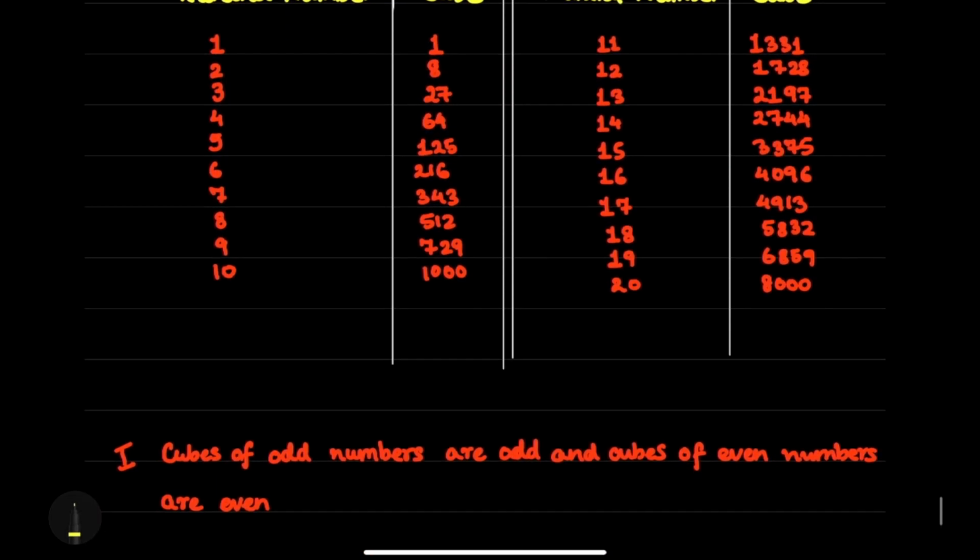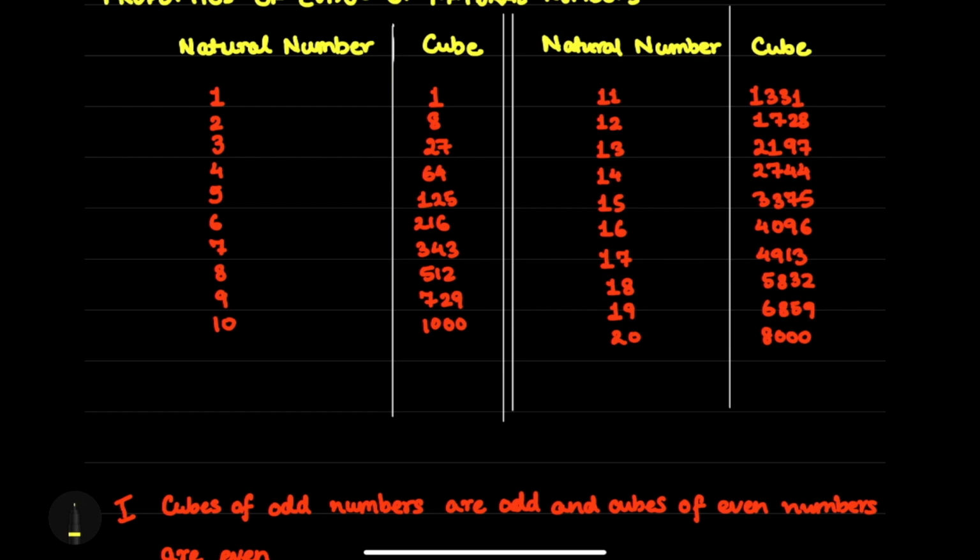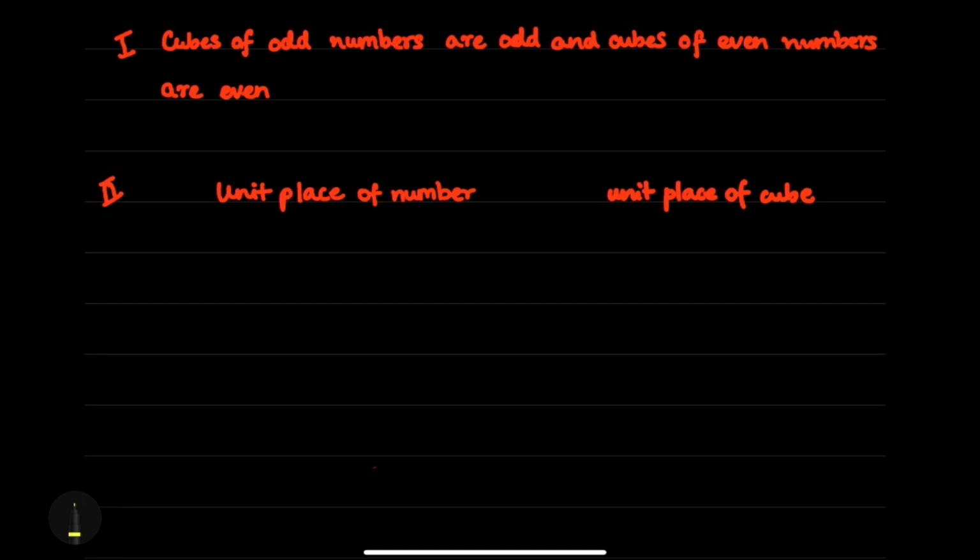Let's observe the table above again, and look at the unit place of both the natural number and the cube. We have a couple of observations. If a number has 1, 4, 5, 6 or 9 in its units place, the cube will end in the same digit 1, 4, 5, 6 or 9. Let's write that down in our table.